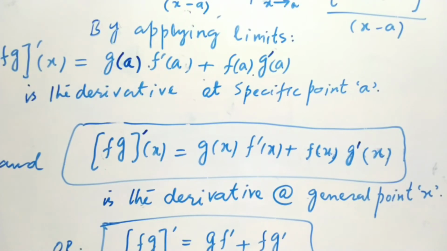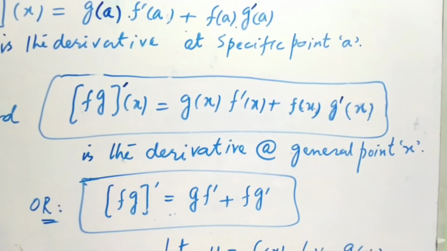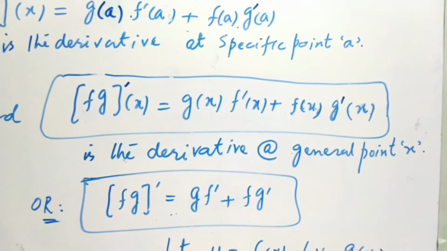We can write it in many ways. So how can we write it in another way? We can see here (fg)' is equal to g times f' plus f times g'.